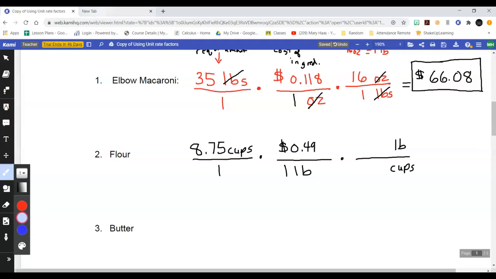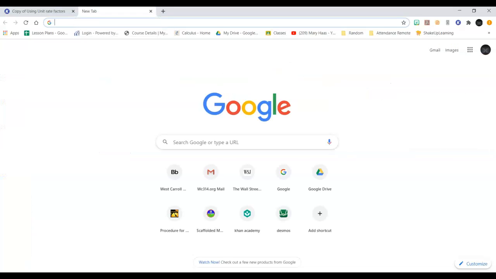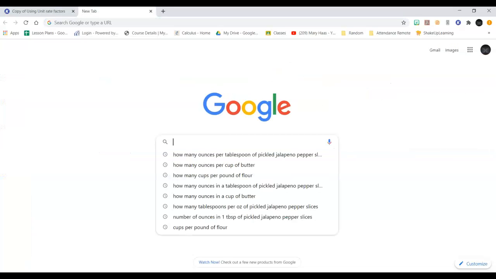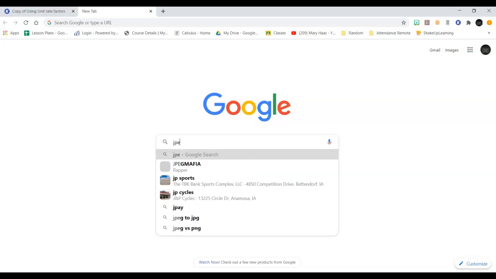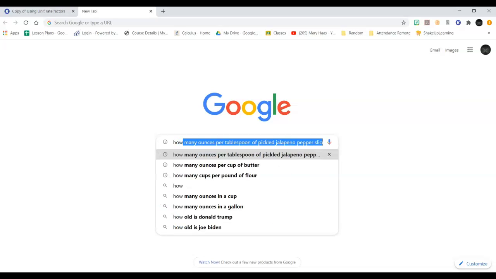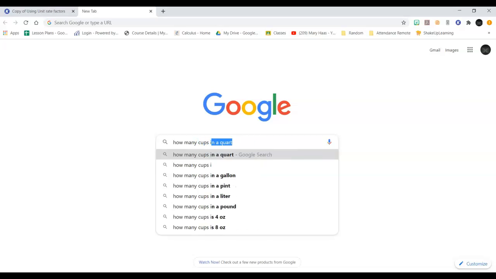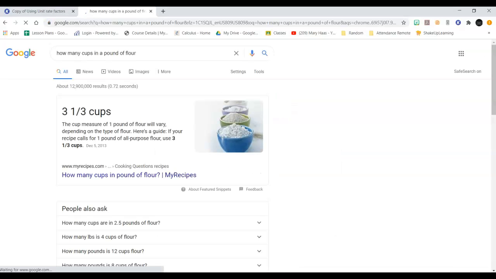So I'm going to go up here to my Google search, new tab, and type in how many cups in a pound of flour? And hit enter. And it looks like right here maybe this is my answer, but I better read.